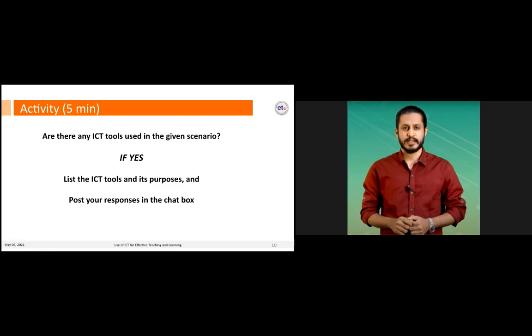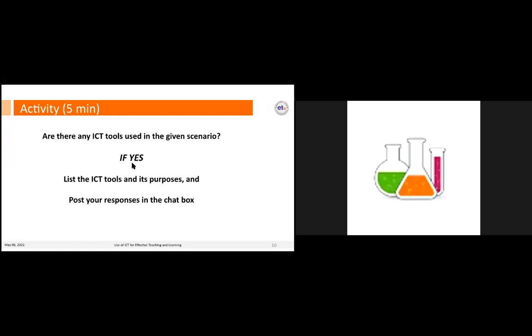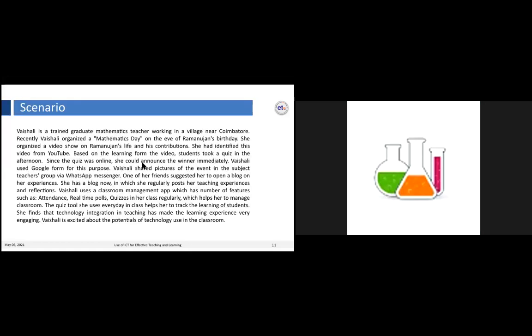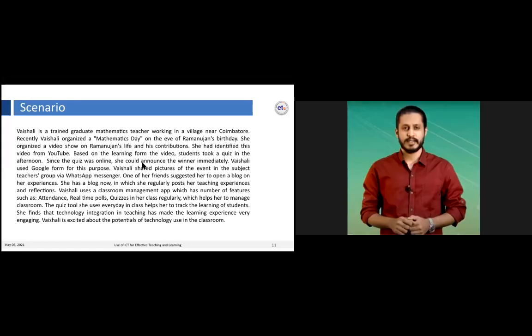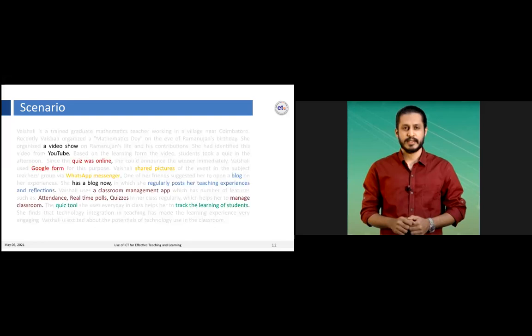Moodle, okay, Moodle wasn't there, but okay. The whole idea is to give you a scenario where I wanted you to figure out whether there are ICT tools or not. In addition to your responses, to summarize this part: WhatsApp, Zoom, Google Form, blog, correct. You can stop responding now, not an issue. So many WhatsApp, Google, Zoom, everything.